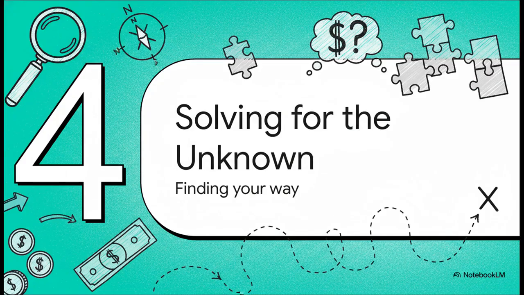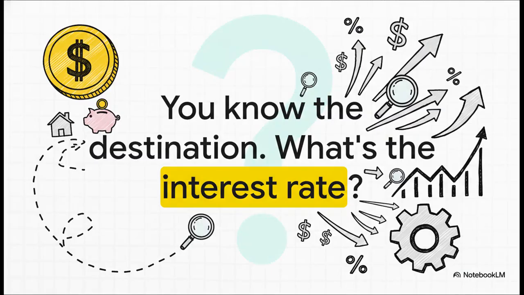Okay, so we have our map, we know the key landmarks, PV, FV, I, and N. Now comes the fun part. Let's use this map to solve a real problem, almost like we're financial detectives trying to crack a case. I want you to imagine a scenario. Let's say you know exactly where you want to end up. You have a goal in mind, a specific amount of money. But you have no idea how powerful your investment engine needs to be to get you there.